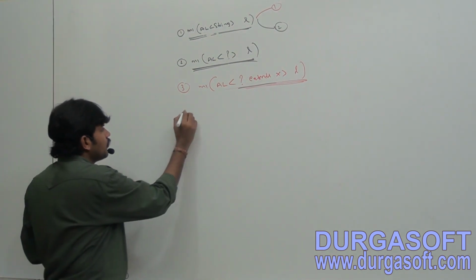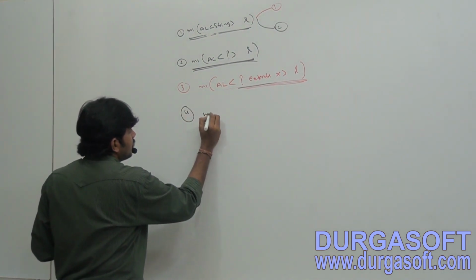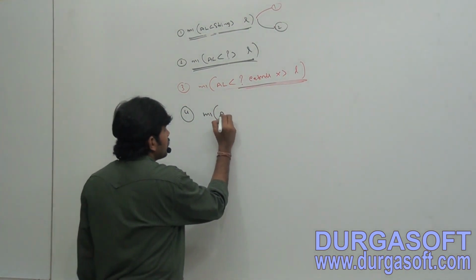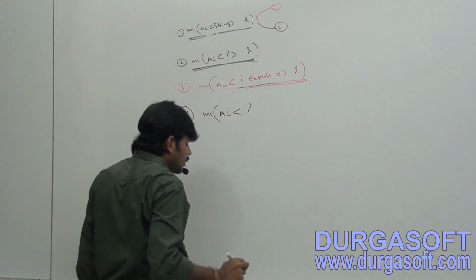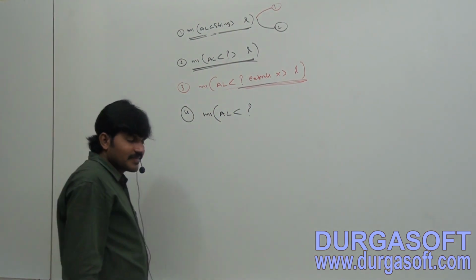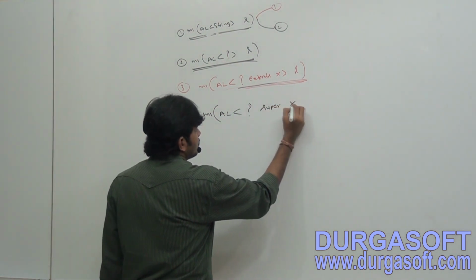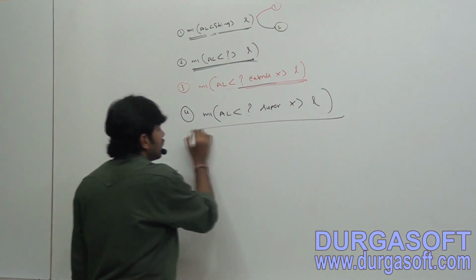Now fourth one, m1 of legend this one. Fourth one, array list of question mark. What is the next one? Super XL. Okay, take this one.